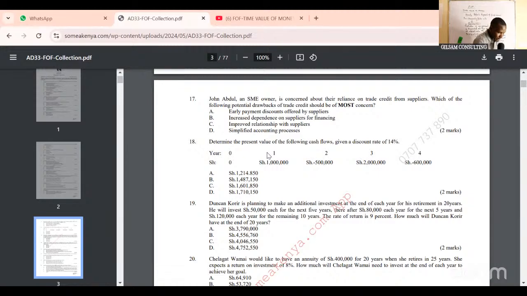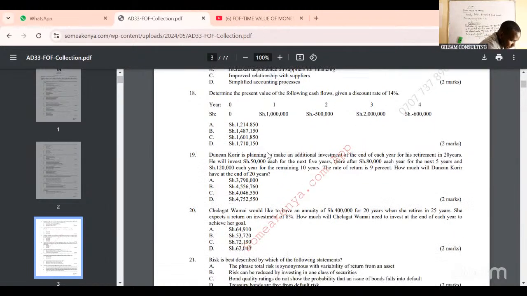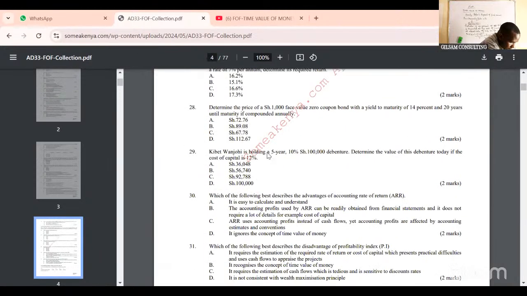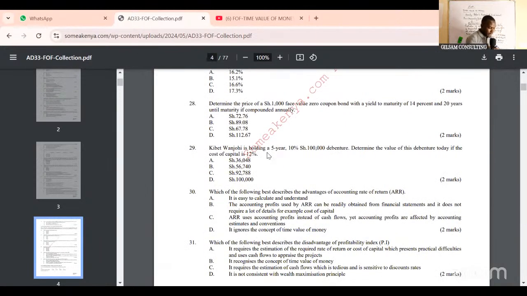So there is number 29, I can see 29. You have been told that Bit One Choi is holding a 5-year, 10% debenture of 100,000.